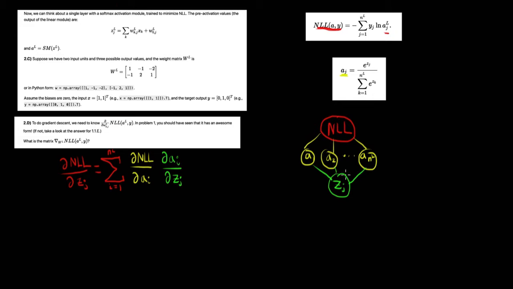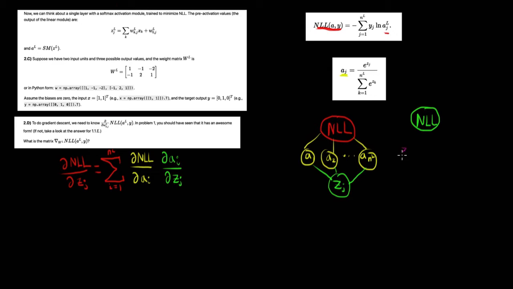So then we have another challenge, which is, okay, we don't want the derivative with respect to ZJ, we want the derivative with respect to these weights. So let's draw another diagram here. So we have NLL. And this NLL depends on these ZJs indirectly through these A's, but we can treat it as though they depend directly.